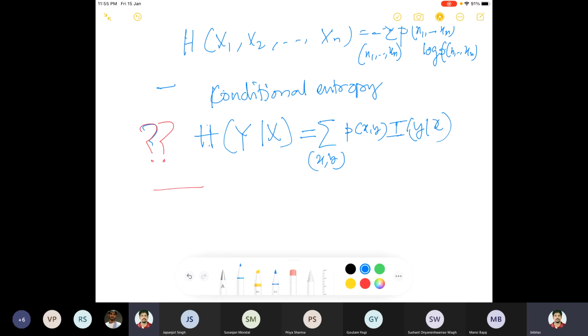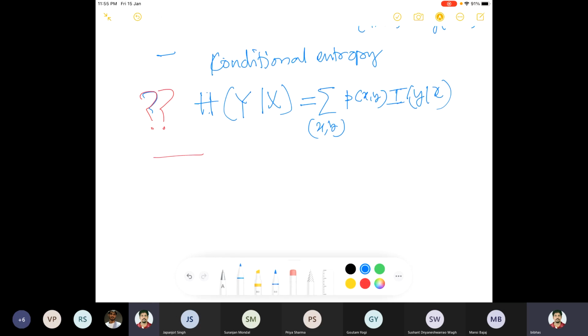Anyway, now let us relate this concept to our channel. I mean, it can be defined in other ways as well. Can anybody say? And then we'll prove whether this would be equal to anything else. Does anybody have another definition to quantify this? What is the entropy of Y given X, given the random variable X? What could be a possible definition here?